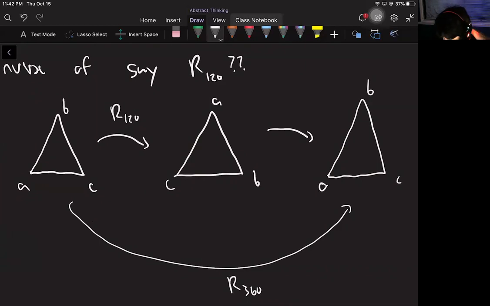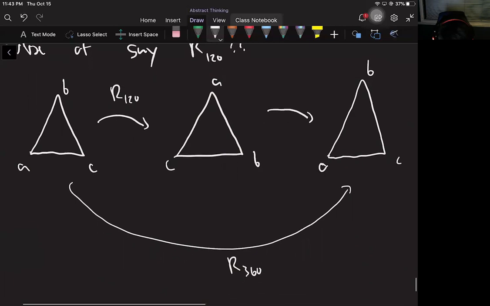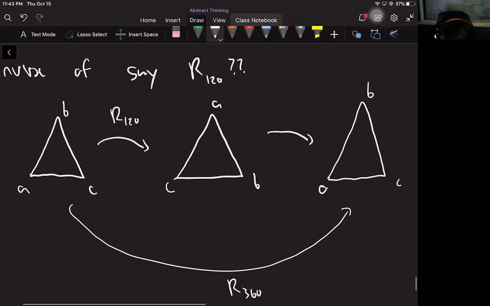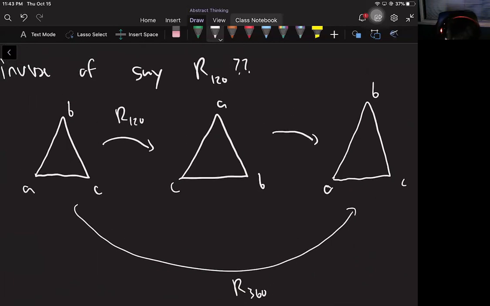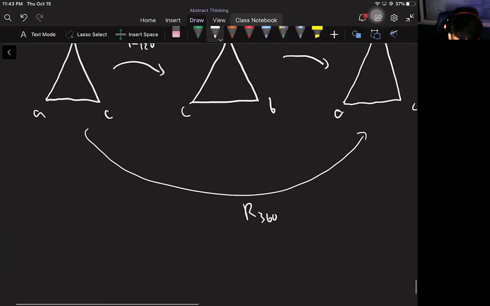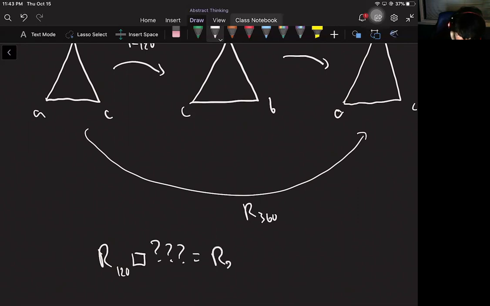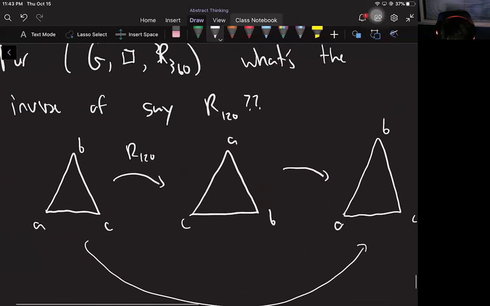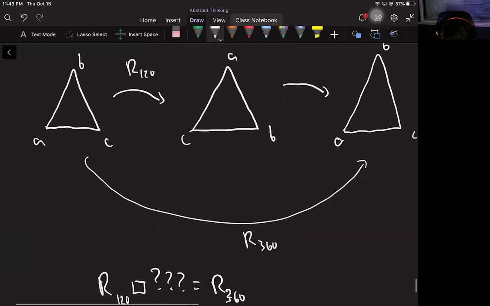So this is much harder than for numbers, right? For numbers, how do I change A back to 0? I just add negative A. This one is a little bit harder, but not too hard. You can sort of play around with it. I have to figure out R120 followed by what is the same as R360. You could just plug in elements of G and see if any of them work.